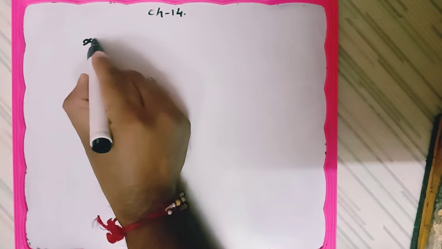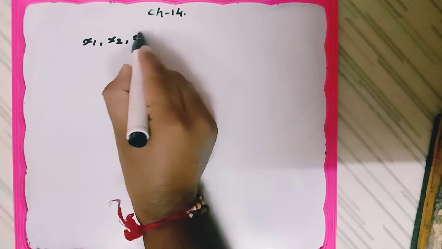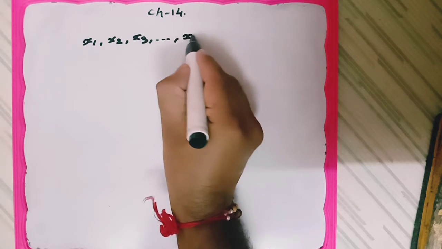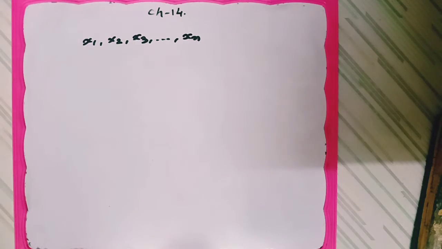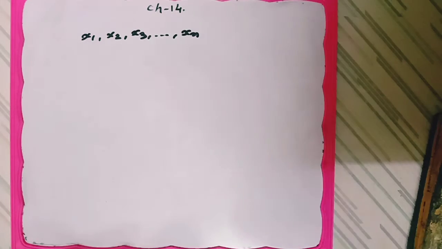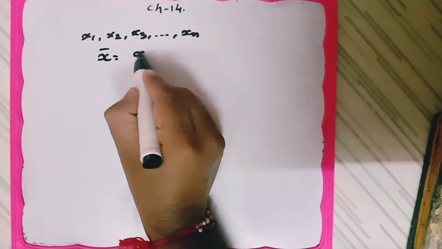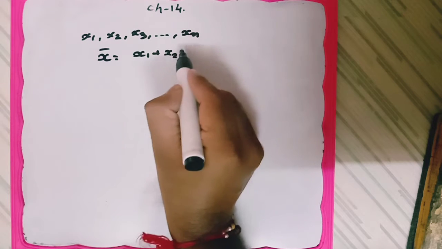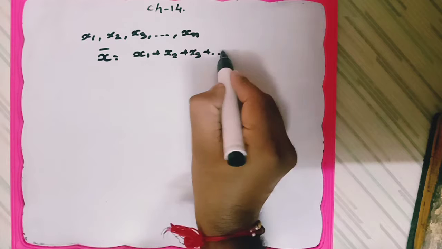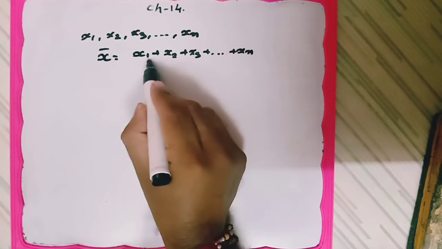Already we know that in the 9th standard we studied the mean. If x1, x2, x3, up to xn are n observations, then the mean is given by x bar equals x1 plus x2 plus x3 plus up to xn, divided by n.